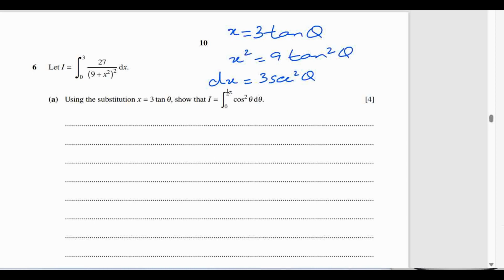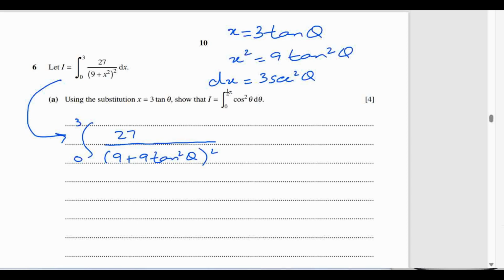Now we will use this substitution, and we can see that this should be equal to the integral from 0 to 3 of 27 divided by (9 plus x square) whole square, that is 9 plus 9 tan square theta whole square.